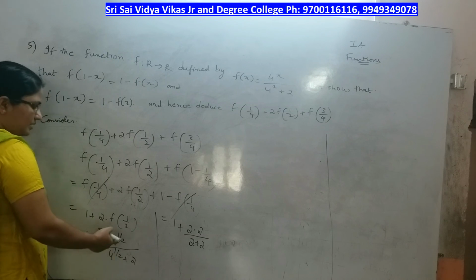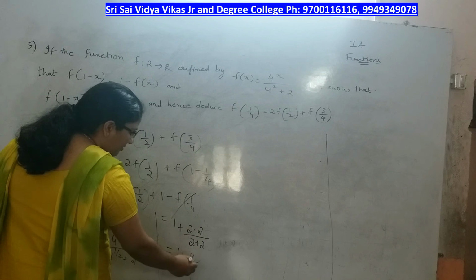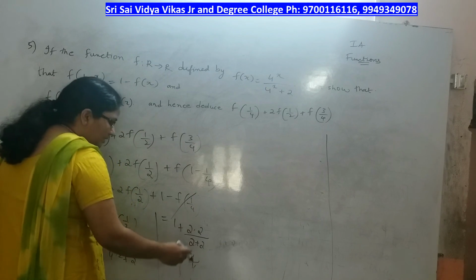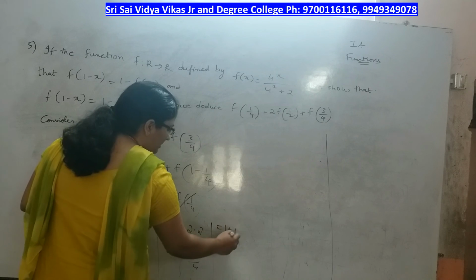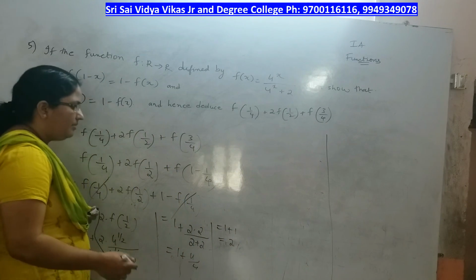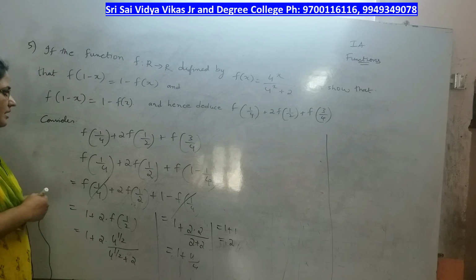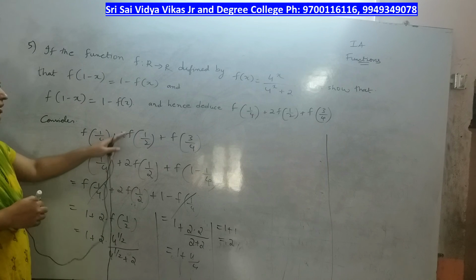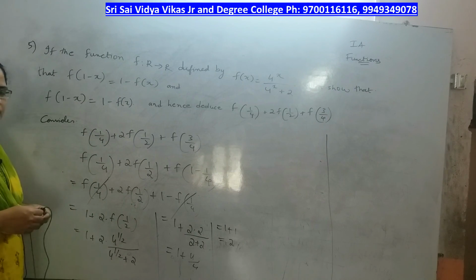So you get 1 plus 2 into 2 by (2 plus 2), 1 plus 4 by 4, which is equal to 1 plus 1, that is equal to 2. So this is what you have. The value of f of 1 by 4 plus 2 into f of 1 by 2 plus f of 3 by 4 is 2. That's about this problem.